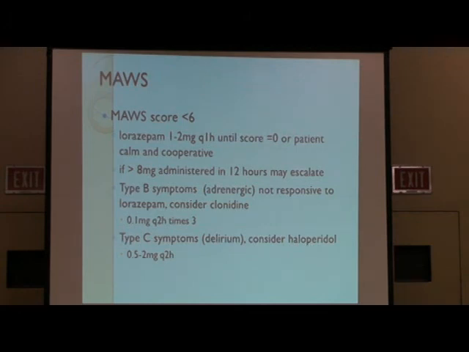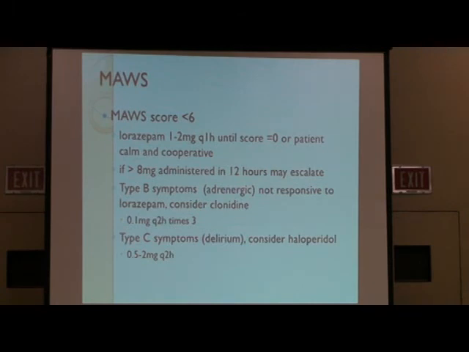This is the treatment that is used. Depending on the patient's score, it is symptom-triggered. So as the patient develops symptoms, then you can treat them accordingly. You can look at the dosing here. I think it's rather modest, especially in the context of some of the things that I just talked about. But it is important to recognize, depending on what type of symptoms the patient is having, adrenergic symptoms, clonidine makes sense.